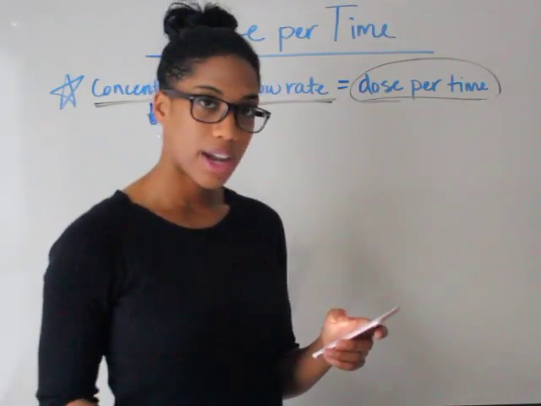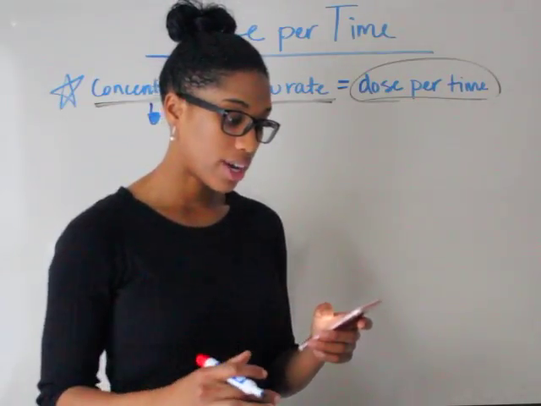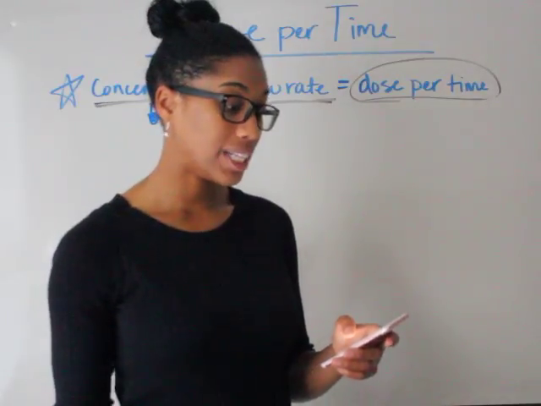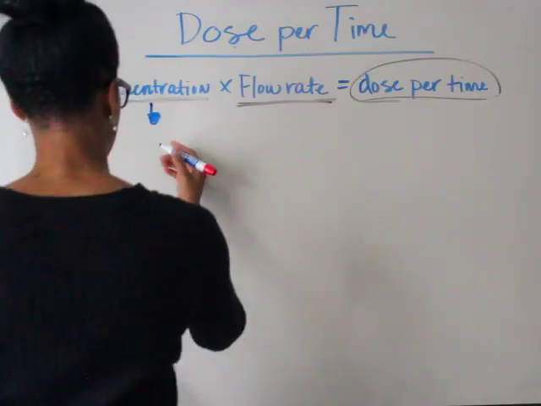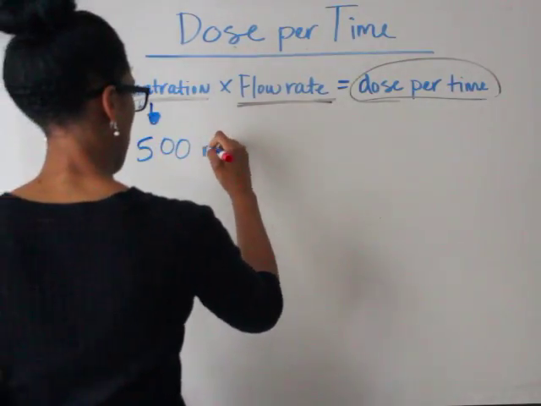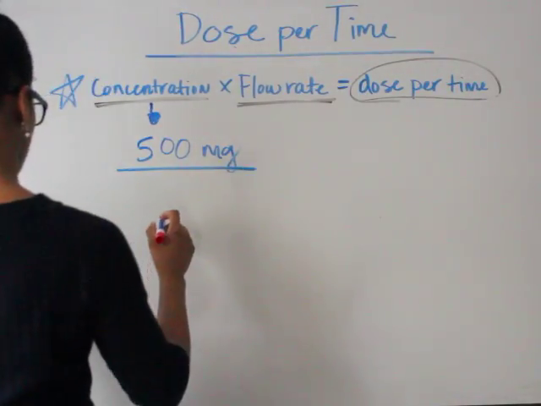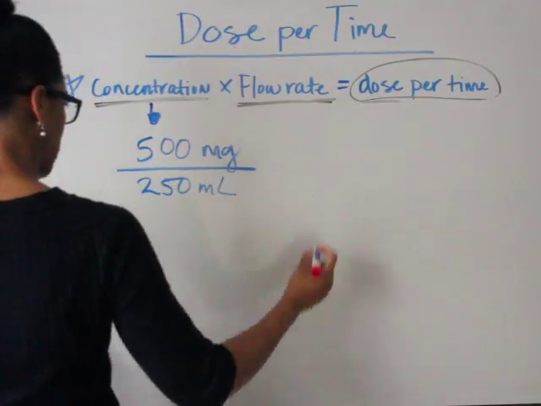So for the sake of time and not going into depth on that, we have ampicillin 500 milligrams in NS of 250 milliliters. Basically, to get the concentration, it's as simple as this: we have the 500 milligrams over the 250 milliliters.